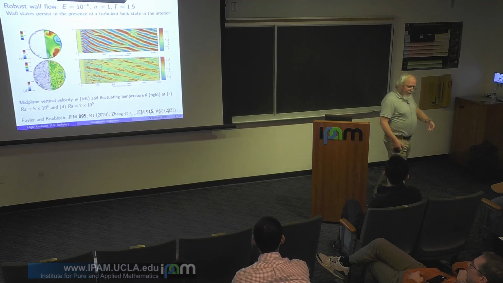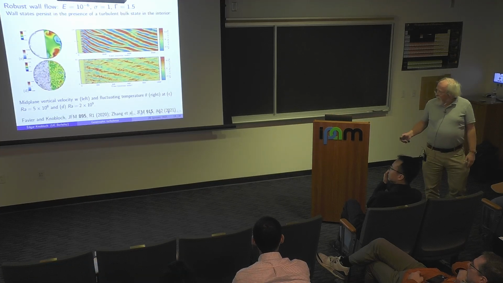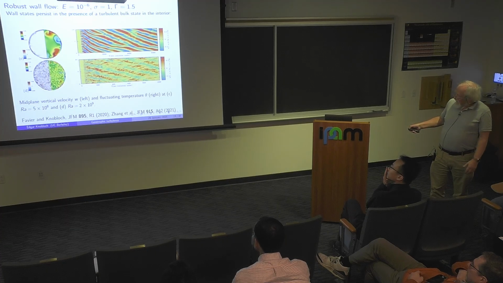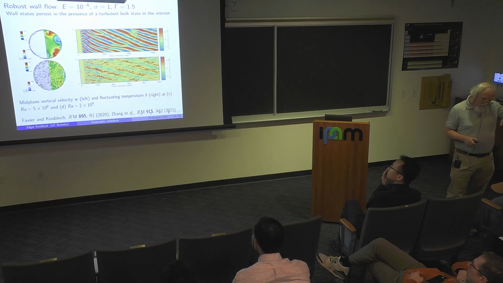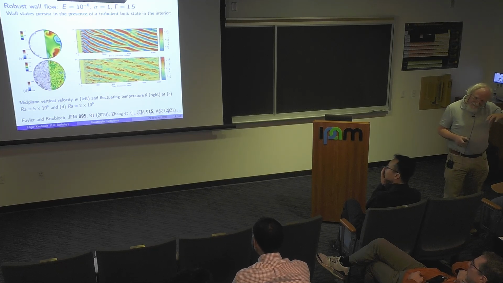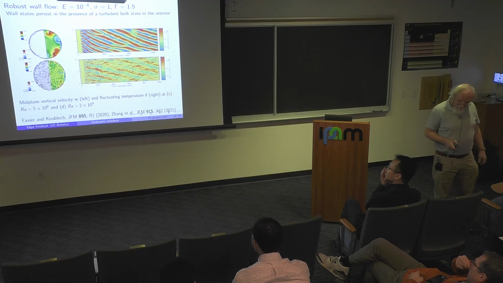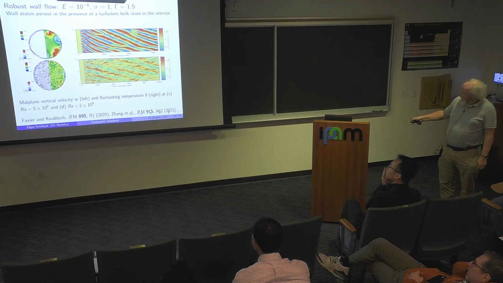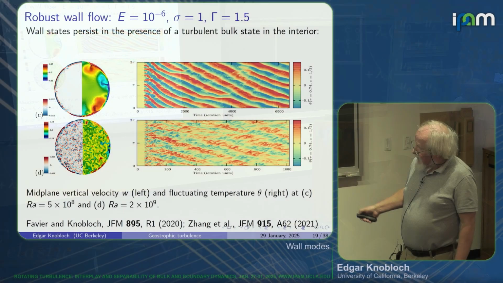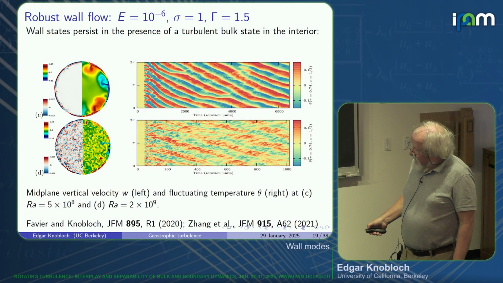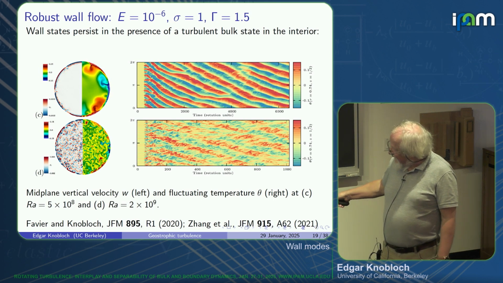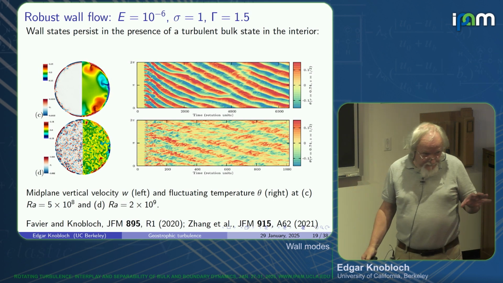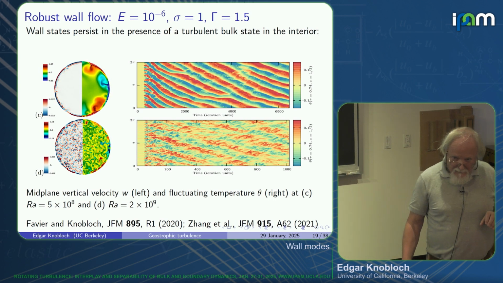And so, we can increase the Rayleigh number some more. So now, the wall modes actually are no longer stationary in a rotating frame. And by rotating frame, I mean the precessing frame, right? Not the cylinder frame, but the frame of the wave. And so you can see some dynamics in time. And more surprisingly, you see that it persists even when the bulk fills with turbulence, right?